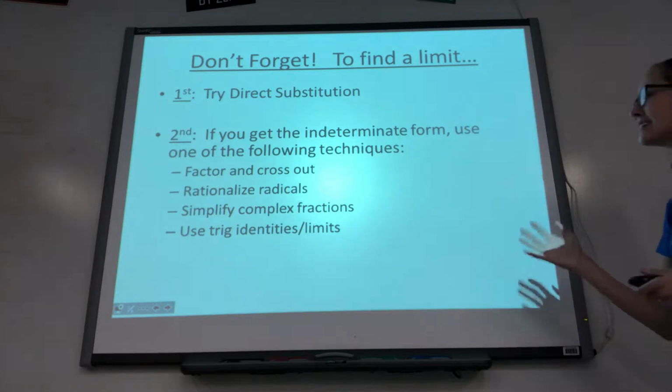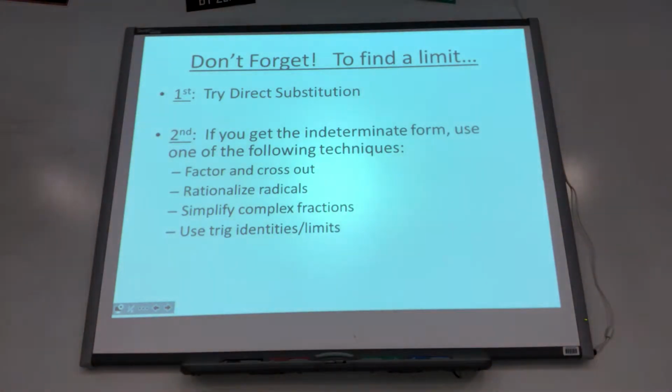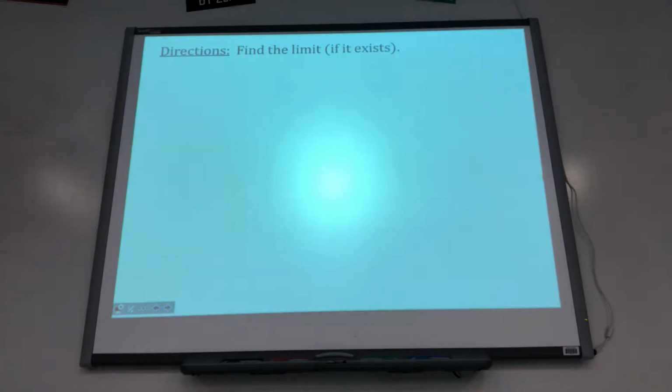We also had some trig identities and limits that we could apply if there's a trig function in our function. Third, if none of that works, then I would probably resort to the graph. I don't like to graph it right off the bat in case it's not a nice answer, but I think there will be some today where we need to look at the graph, otherwise we can't tell what the limit is. Okay, so we're going to go in order here.